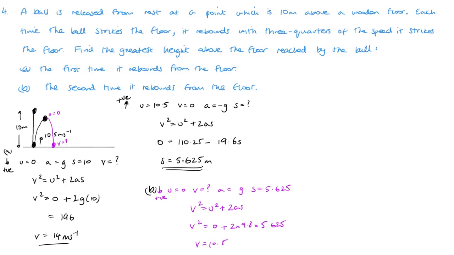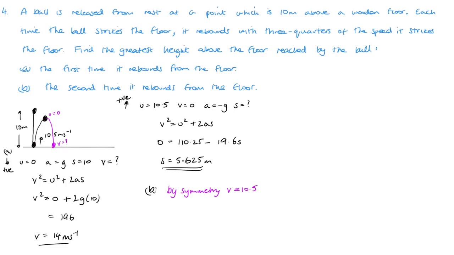So what I actually could have said here, because it's kind of obvious now I'm seeing it, is by symmetry, V at the bottom is 10.5. So it hits the ground at 10.5 because it's leaving at 10.5.